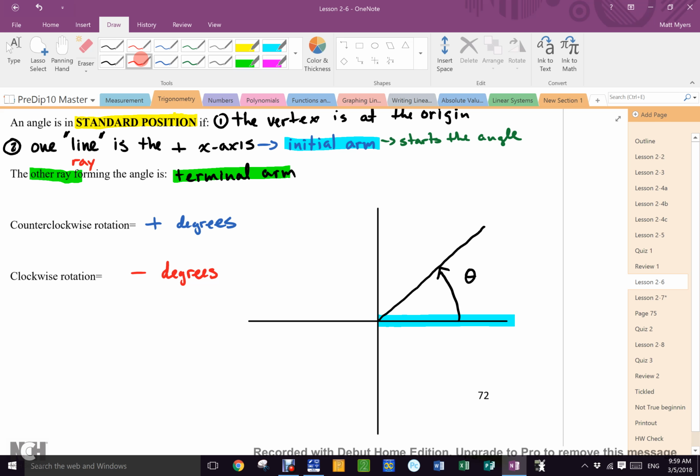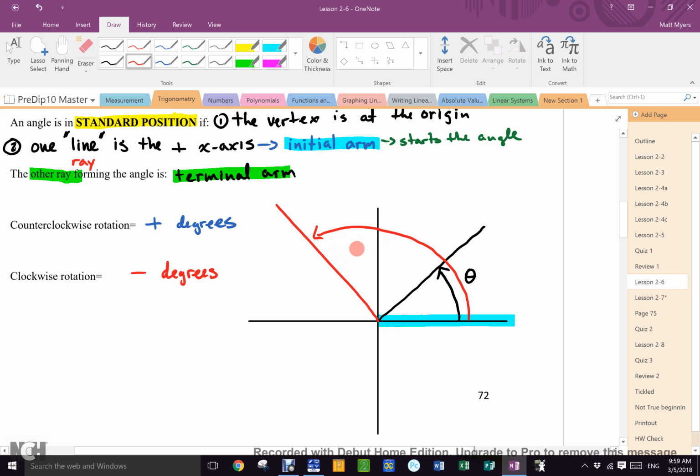Now make your terminal arm into quadrant 2. Where's theta? Where do I start counting from? The initial arm. And where do I go? I go to the terminal arm. Yes? Okay. How far is this part? It's huge. 90.